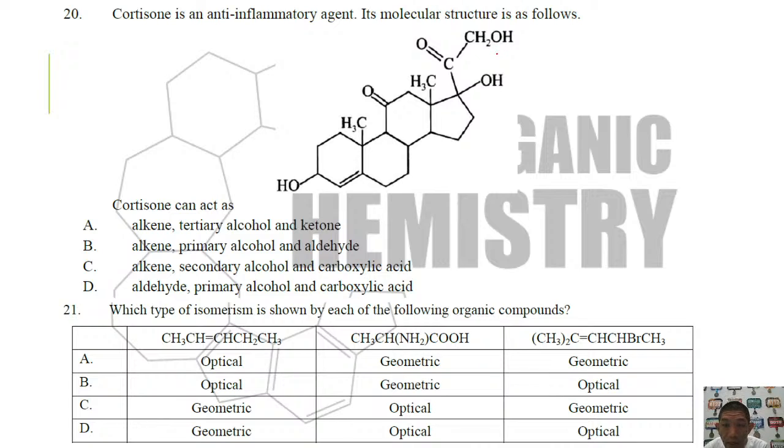In here you have to know that this is a primary alcohol. Then this one is carbonyl. This one is carbonyl. As for this one, because it's surrounded by 3 carbons, this is a tertiary alcohol.